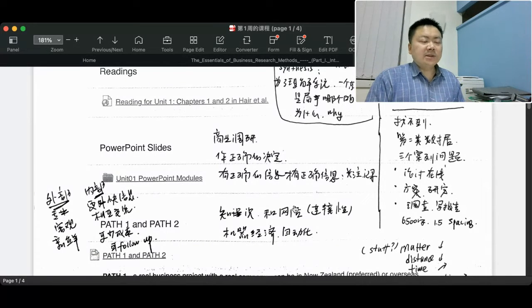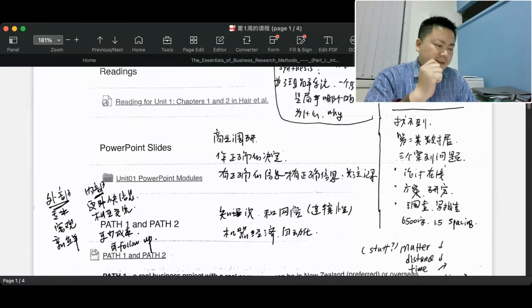But the correct decision has to be based on correct information. So gathering information is quite important to form a report and to make a good decision.